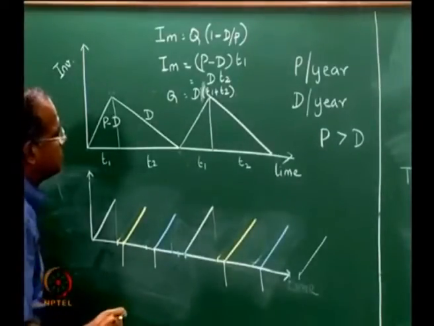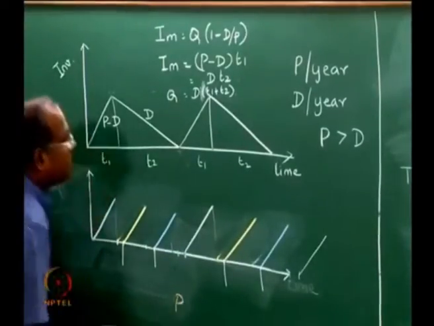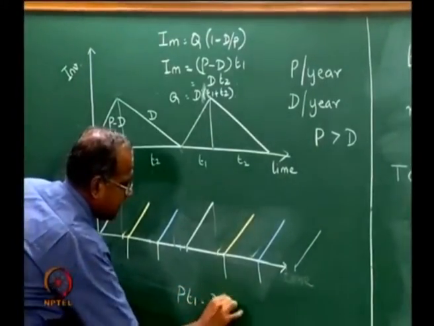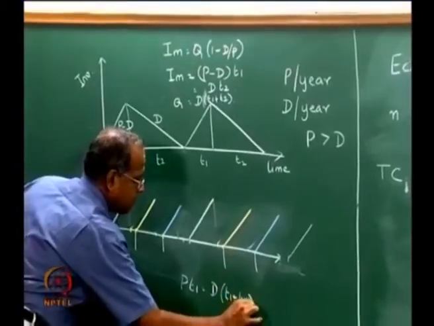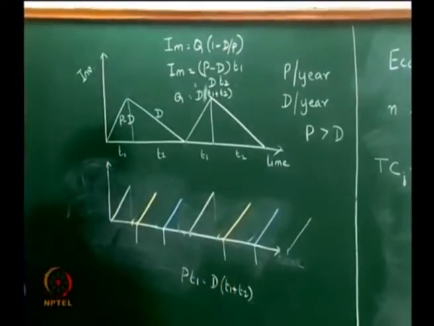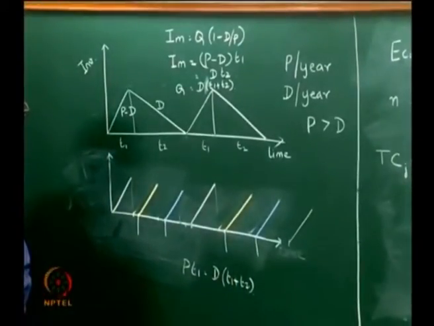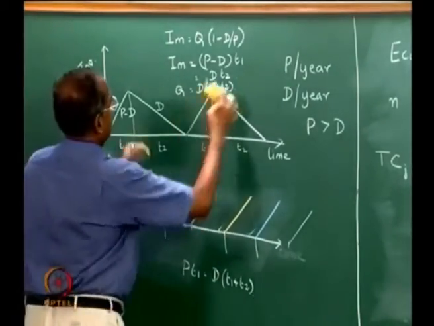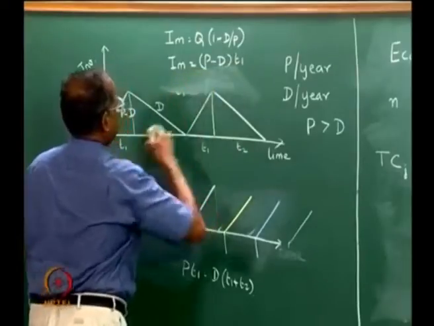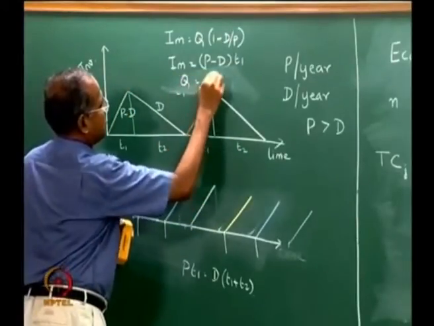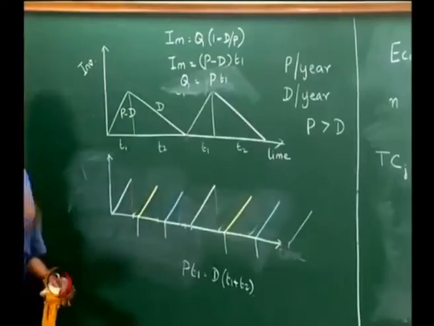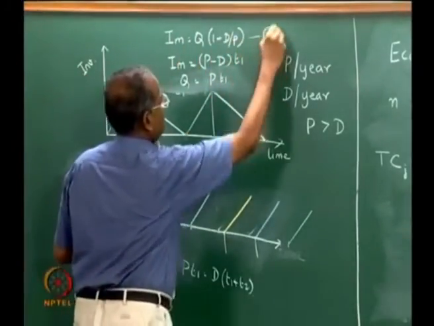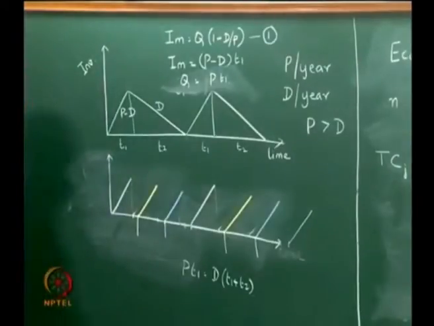So, P into P minus D into T1. So, P T1 is equal to D into T1 plus T2. Sorry, Q is equal to P T1. So, dividing one by the other would give us Im is equal to Q into 1 minus D by P. This is an important equation.